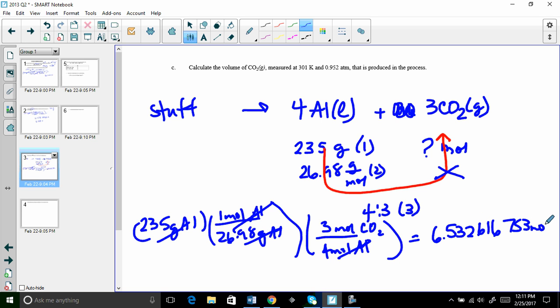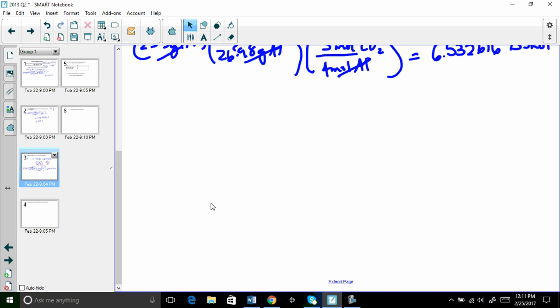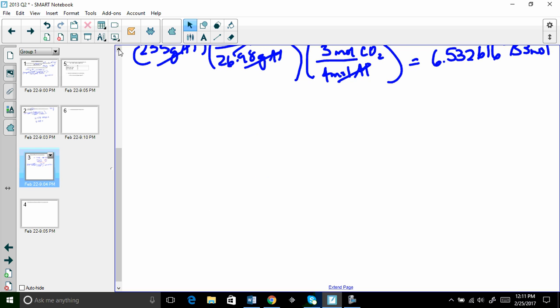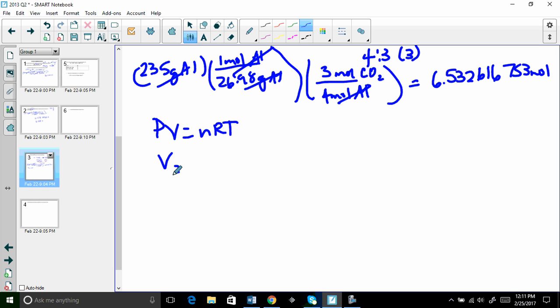All right, now I'm going to come up here, grab this, move down. Now I'm going to haul out PV equals nRT, and we're going to solve for V, because it says in part 3 to calculate the volume of CO2 measured at 301 K and 0.952 atmospheres.